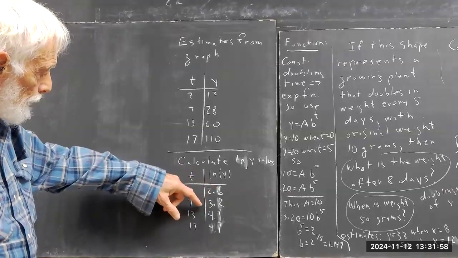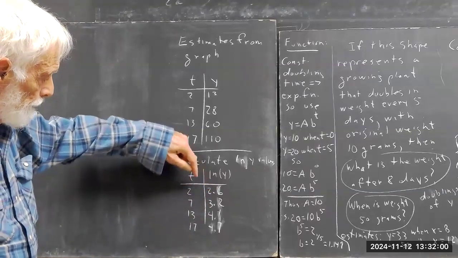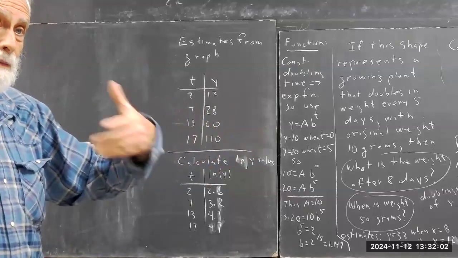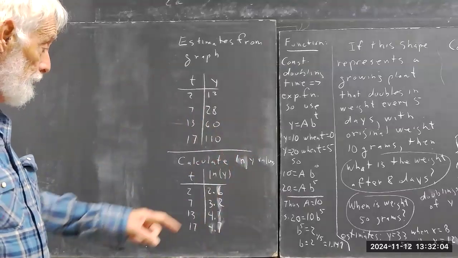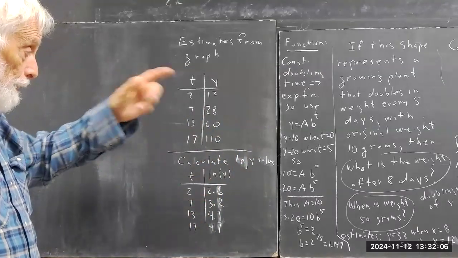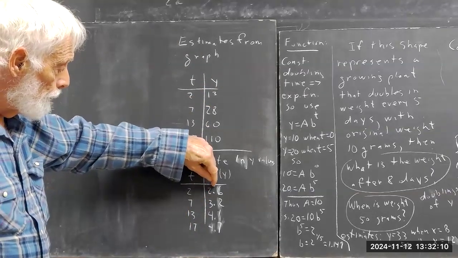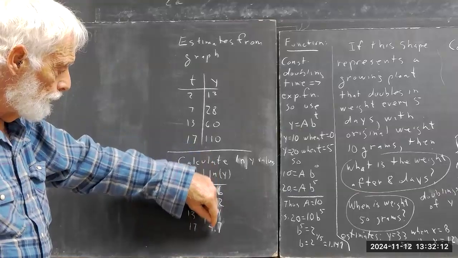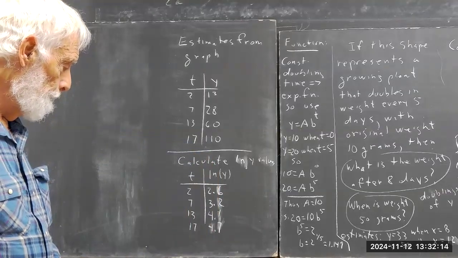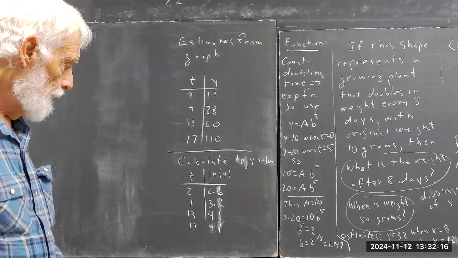I had to change most of them by a little bit. But I trust the accuracy of your calculators more than I trust my ability to figure out powers of e in my head. So we get 2.6, 3.2, 4.1, 4.7.